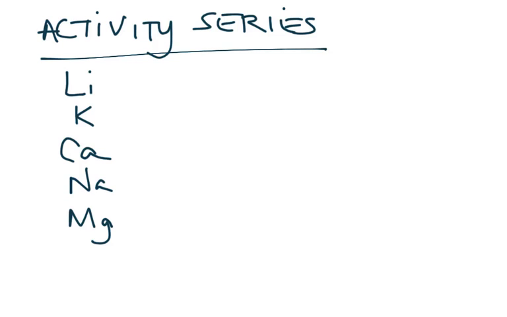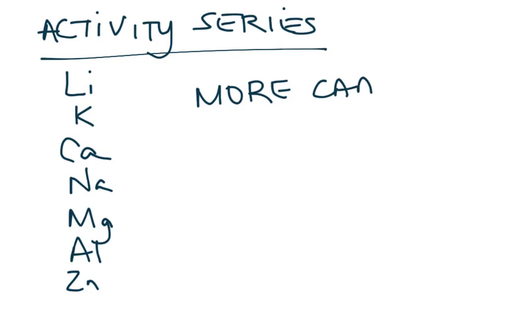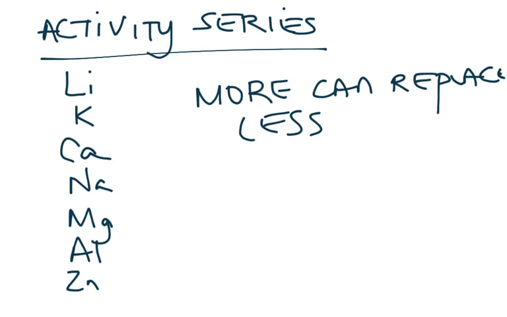Okay, and again, you don't have to memorize it. It'll always be provided to you if you need it. So this is the beginning of it. This is just the first 7 elements on there. The kicker here is more active can replace less active, but you can't go the other direction. In other words, you can replace something that's beneath you on the list, but not something that's above you.